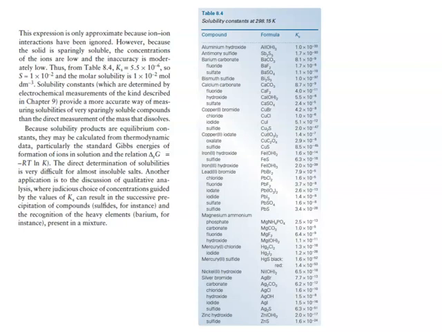Another application is to the discussion of qualitative analysis, where judicious choice of concentrations guided by the value of Ks, the solubility product, can result in the successive precipitation of compounds, for instance sulfides, and the recognition of the heavy elements like barium present in a mixture.